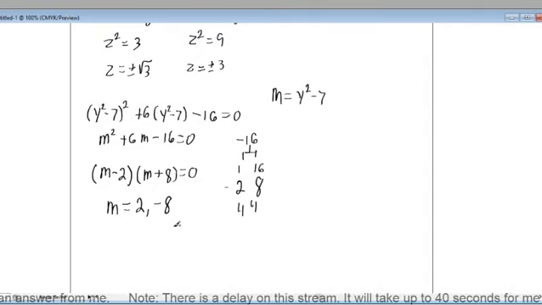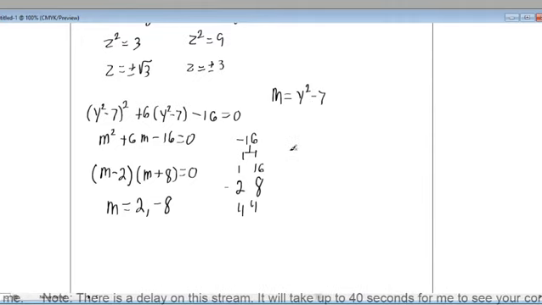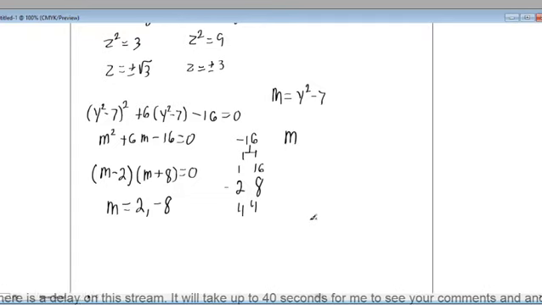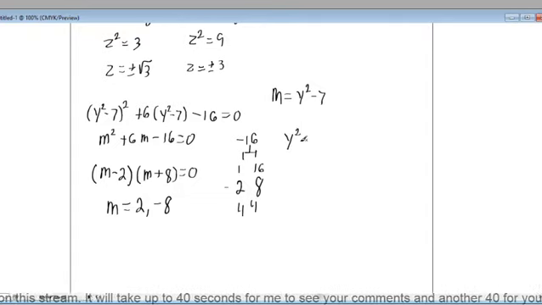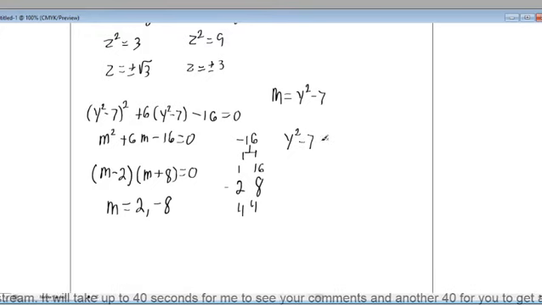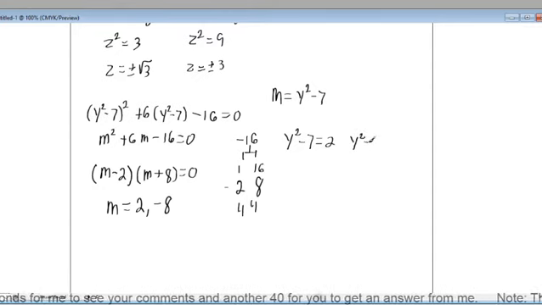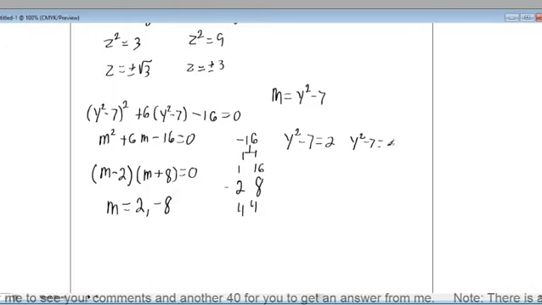We want to know what y is. So if m equals y squared minus 7, then y squared minus 7 could be equal to 2, or y squared minus 7 could be equal to negative 8.